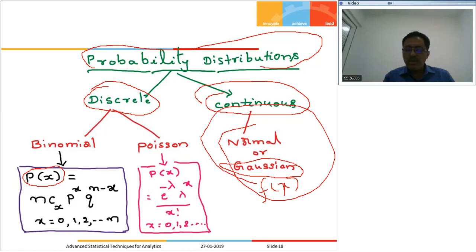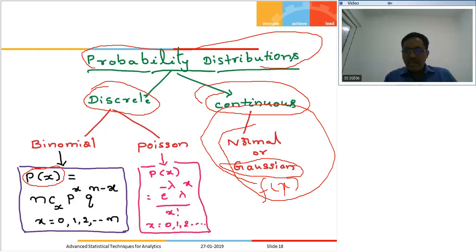So now it is clear. Depending on P of X, there are various distributions. Many are there. We took the most useful, most frequently used distributions. One is binomial.